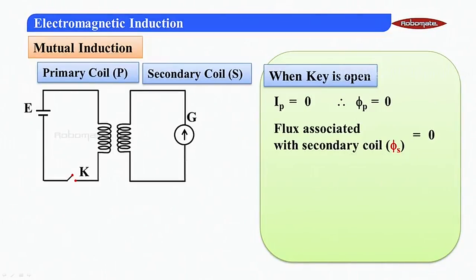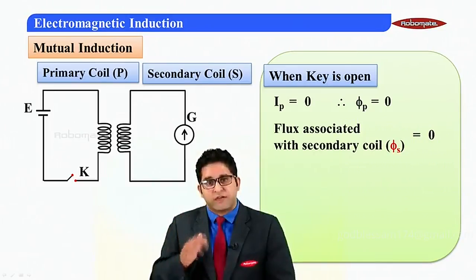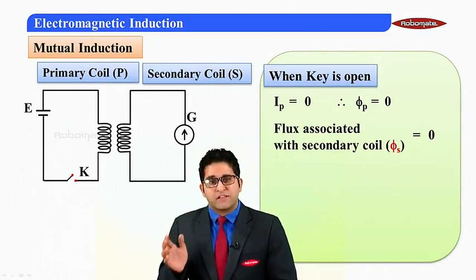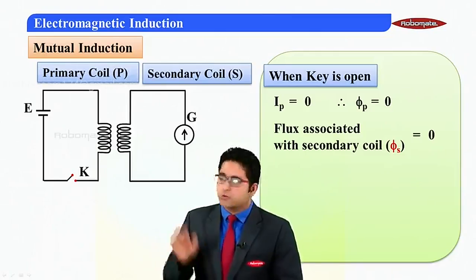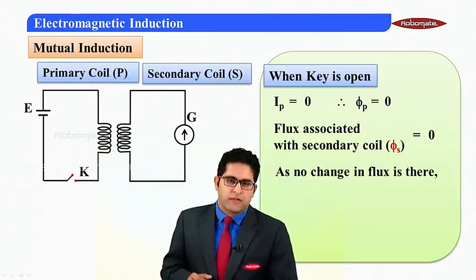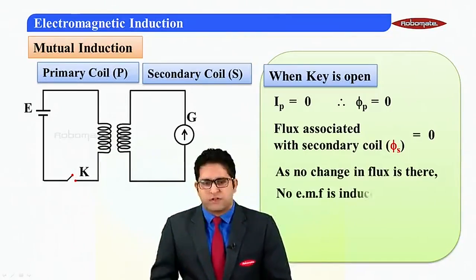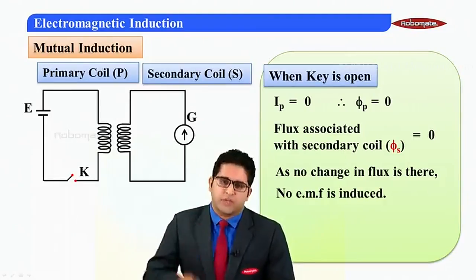So there will not be any change in the value of flux over here, and as there is no change in the value of flux, there will not be any EMF induced in this particular situation, right?